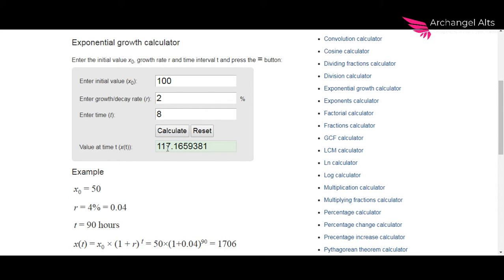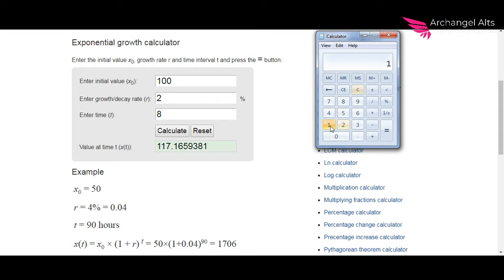So why are we so much more here? Well, it seems to me like 100 times 0.005 equals that, times 4 equals that, times 8 equals that. Yep. Seems like that should be 116.